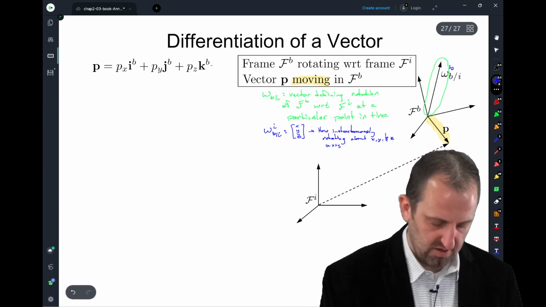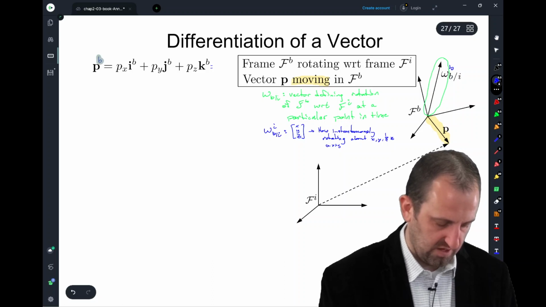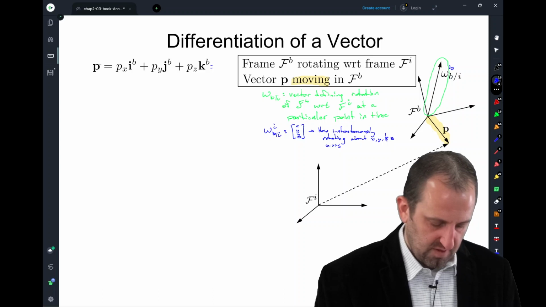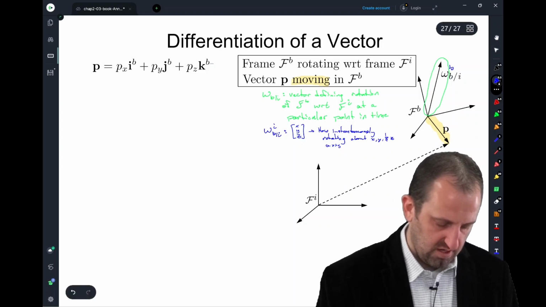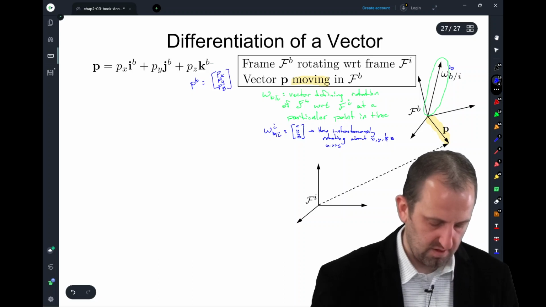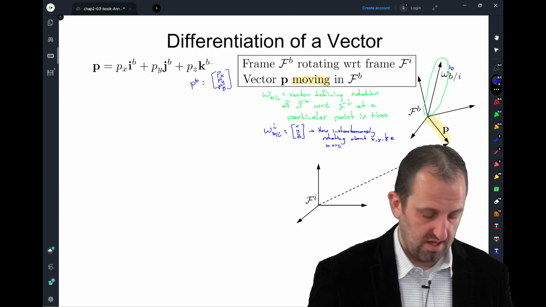So in other words, the vector is what it is. In this case, if it were P sub B, then this would just be equal to Px, Py, and Pz. Okay, but we can define the vector as such.